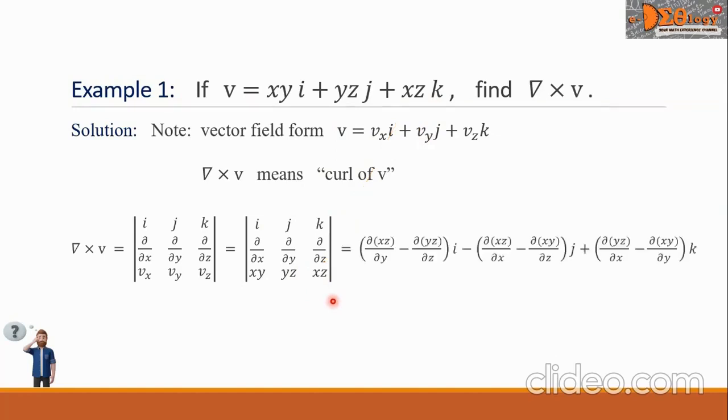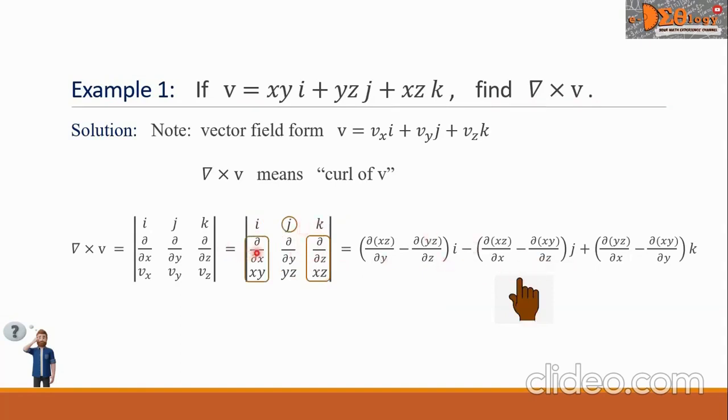Now, by principle of determinants, it becomes like this. Let's begin with the component i, which means we write here the element i and then the partial derivative of the function xz with respect to y minus partial derivative of the function yz with respect to z. Then minus the component j, we copy it here.